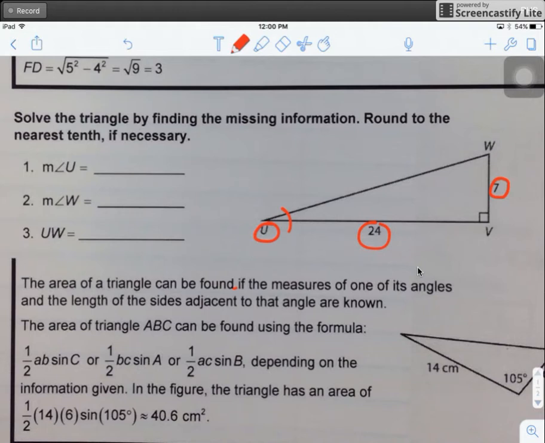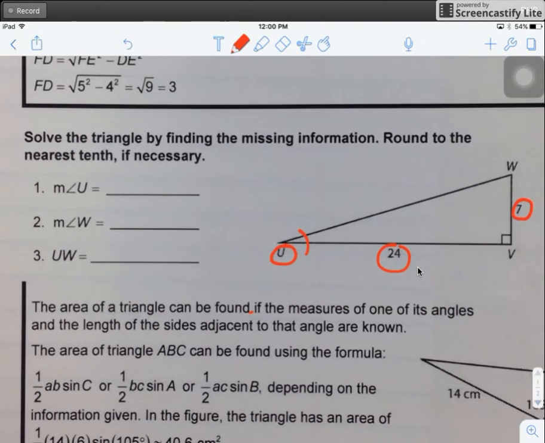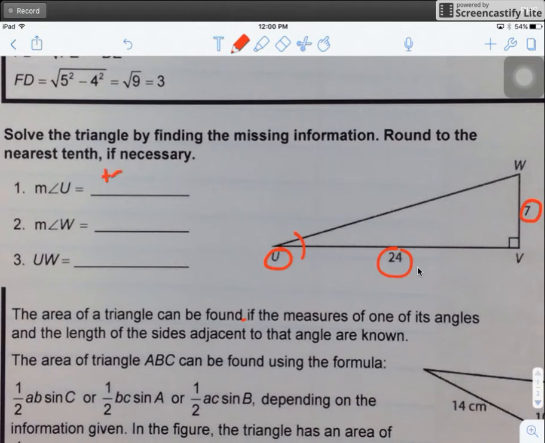So that would involve the ratio tangent. So we can just set up the problem to say that tangent of U is equal to opposite over adjacent, which is 7 over 24. And again, using the inverse to cancel out the tangent, we have angle U is equal to the inverse tangent of 7 over 24.